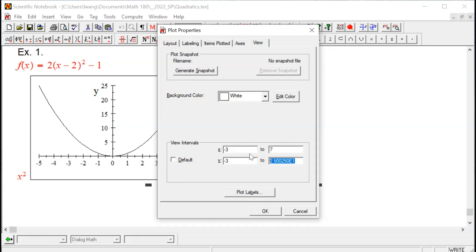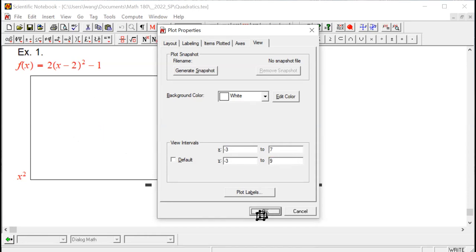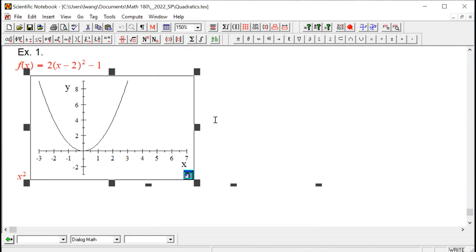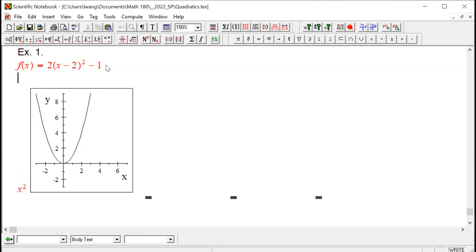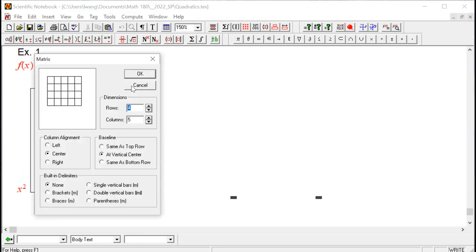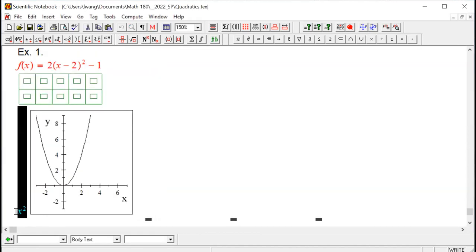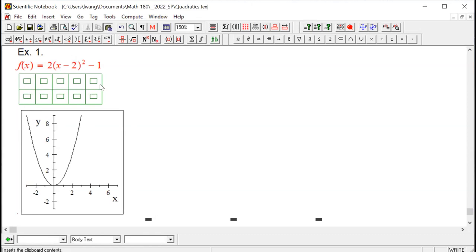We can always make adjustments to these. So we've got x squared. Maybe I would do a table. Let's do a table. Reduce the number of rows. Okay, so this is my x squared.